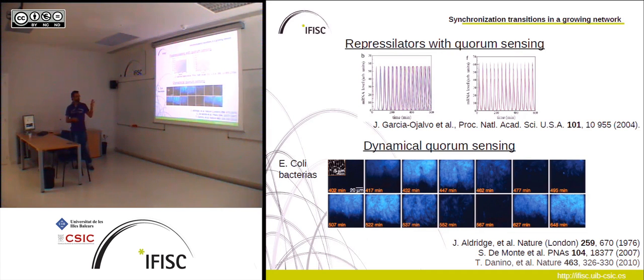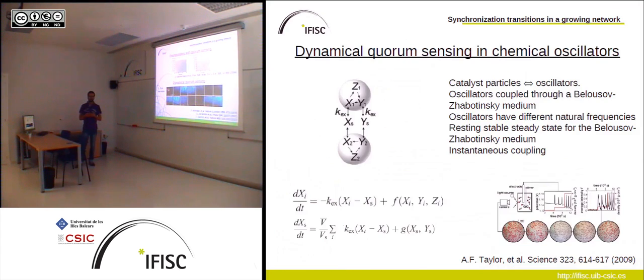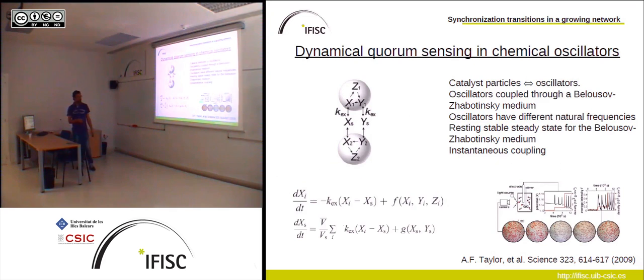So this dynamical quorum sensing, however, does not only occur in bacteria and in biology. Recently, it was shown that chemical oscillators can also show this dynamical quorum sensing. Taylor et al. used a system of Belousov-Zhabotinsky medium with small catalyst particles, that in our case will mean our oscillators.